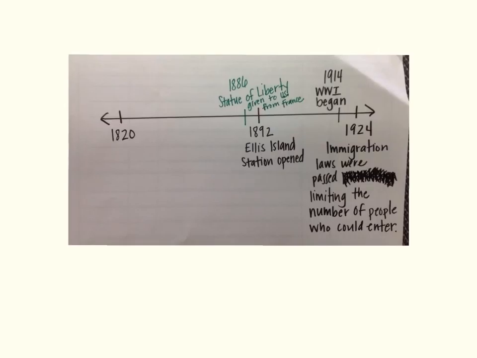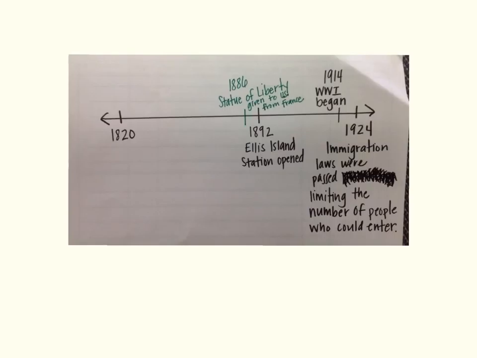I want to know how immigration occurred between those two dates. I also know that is the peak time that immigrants were coming to America. So, in 1924, immigration laws were passed that limited the number of people who could enter the U.S., so I put that on my timeline.